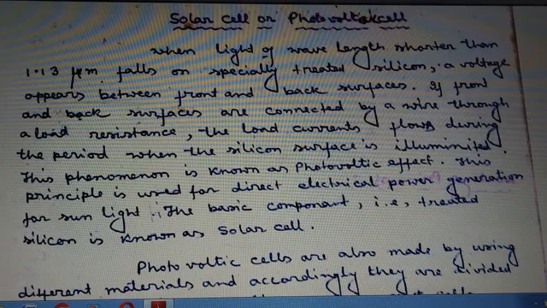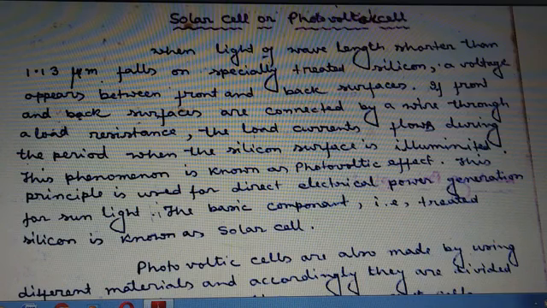Now, the basic operation of a solar cell. A photovoltaic module or panel is an interconnected assembly of solar cells that have been packed tightly. Solar cells are semiconductors like silicon and germanium. When sunlight falls on the cell, a part of the energy is absorbed by the semiconductor like silicon, which causes electrons to become free and flow in a certain direction, which constitutes an electrical current flow across the external circuit or load.